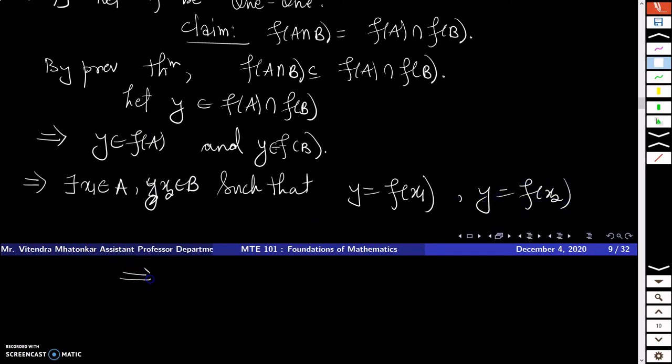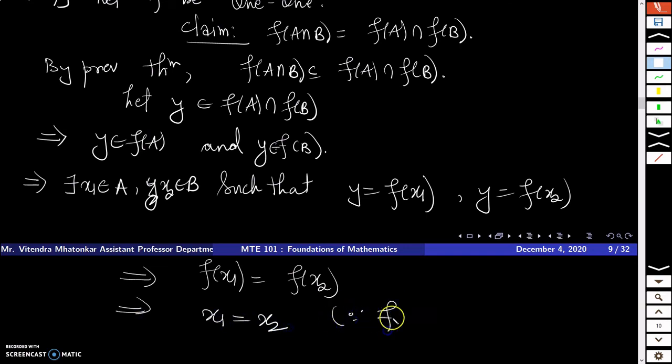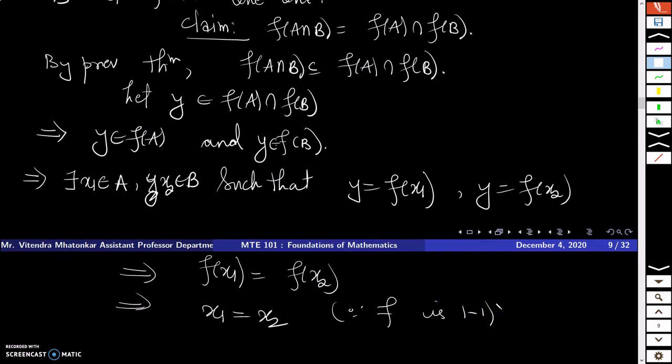This implies f of x1 is equal to f of x2. And now because we have assumed that f is 1 1, this means x1 is equal to x2. This is since f is 1 1, right?